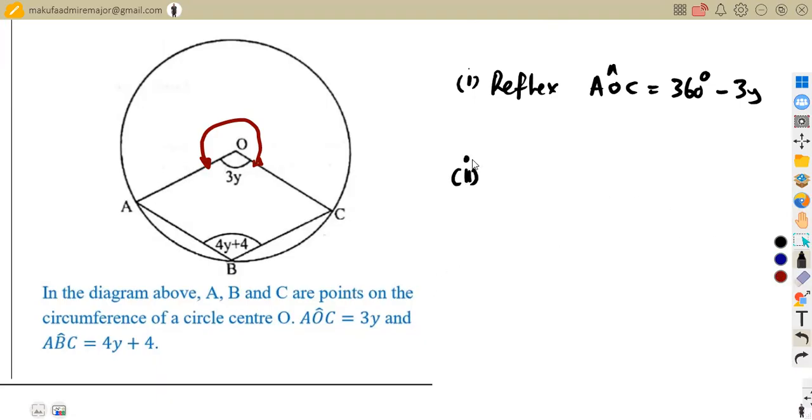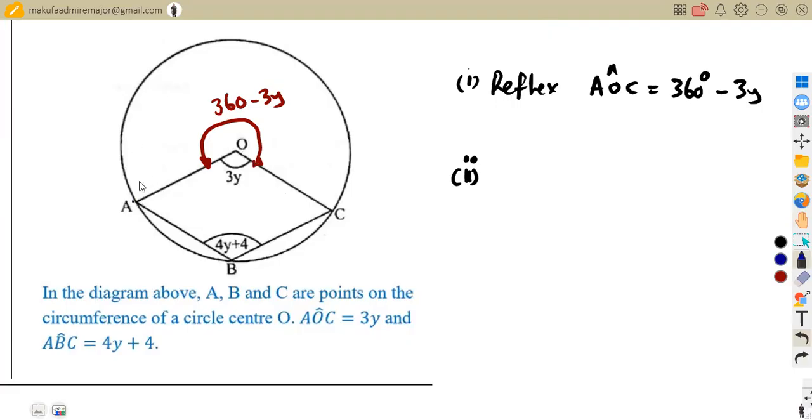Then the other item was to calculate the value of y. In order to calculate the value of y, you are supposed to formulate an equation from two things that you know are equal. From our theorems, is there any part that we can equate to say this part and this part are equal? Remember, we know that the angle at the center is twice the angle at the circumference.